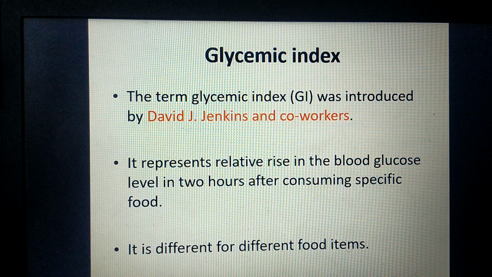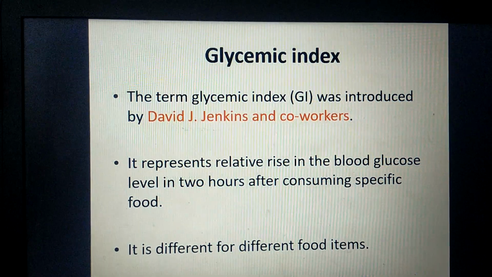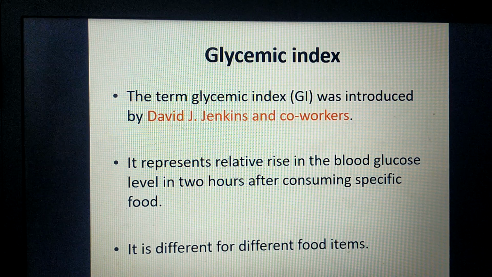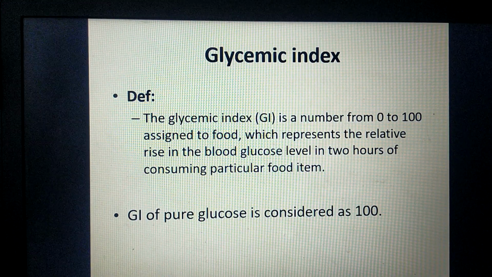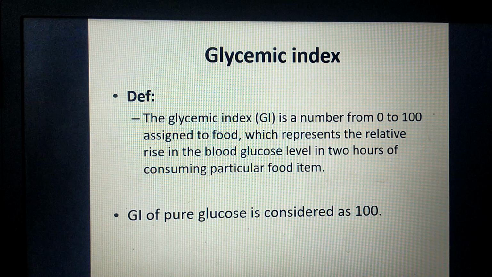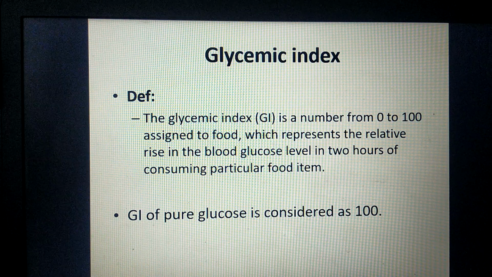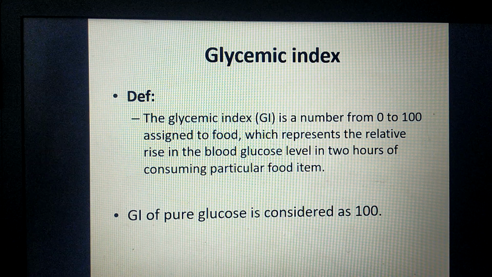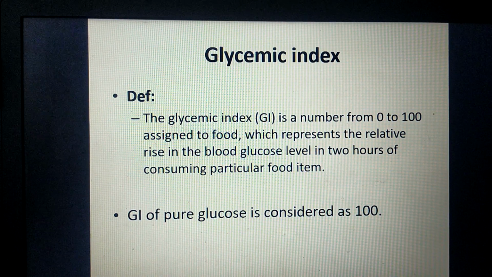Glycemic index is the relative rise in blood glucose level in 2 hours after consuming a specific food, and it is different for different food items. The definition of glycemic index is that it is a number from 0 to 100 given to a food, which represents the relative rise in blood glucose level in 2 hours of consuming a particular food item, and it is compared with glucose consumption.